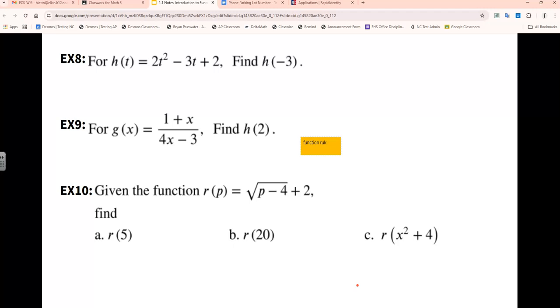Turns into 9, right? Not quite right. What is negative not square?